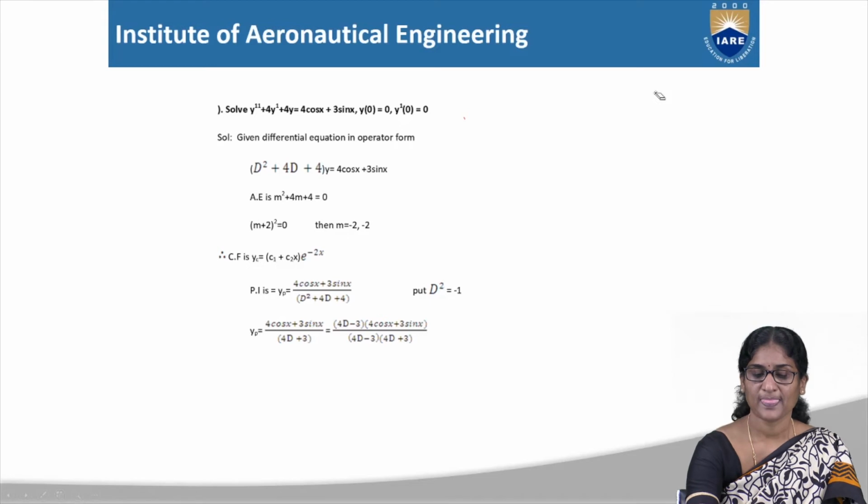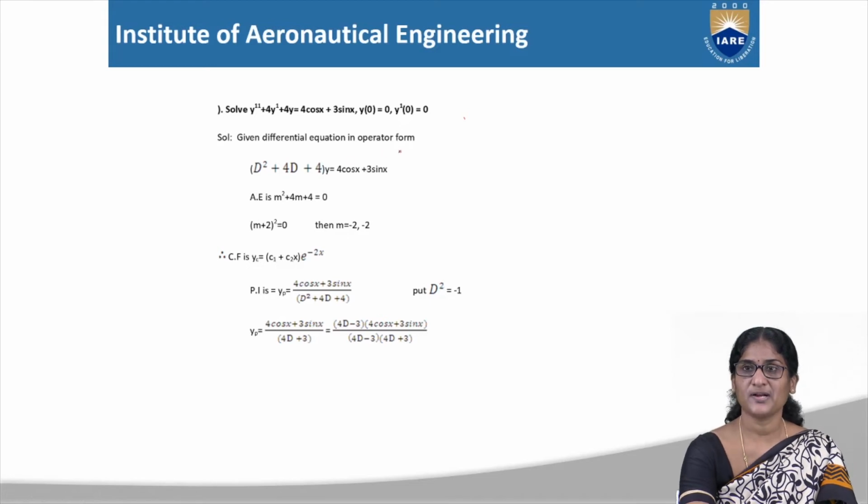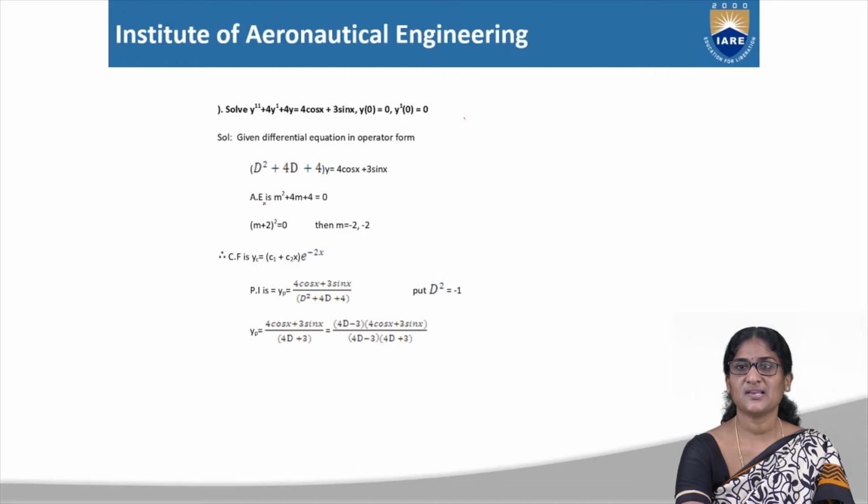Now you take the given differential equation in the operator form, that is (d square plus 4d plus 4) y is equal to 4 cos x plus 3 sin x. What is the auxiliary equation?